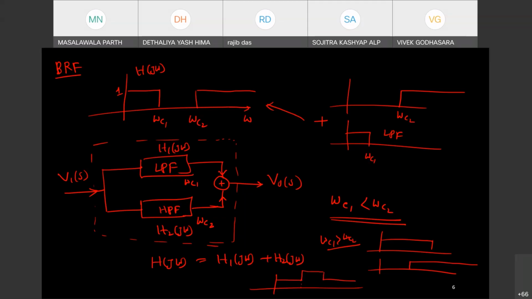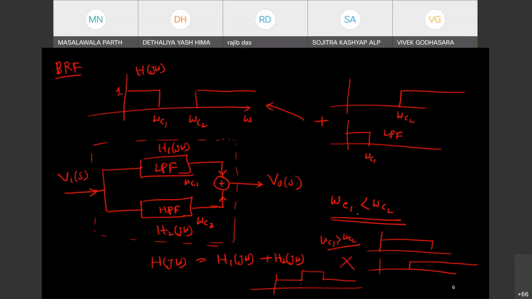Is it correct? Yes, sir, some sort of bandpass again. But this is not a purely bandpass, because this frequency is also passing through with magnitude 1, and this passband is magnitude 2. It's amplified. That's all. So it's not a good design at all, and we should not go for that. Right?